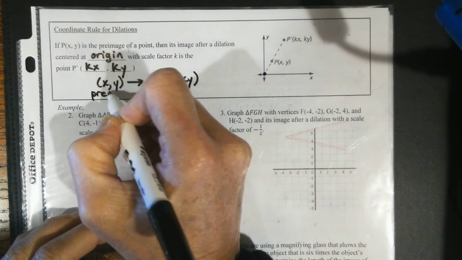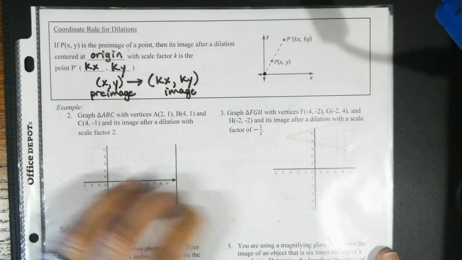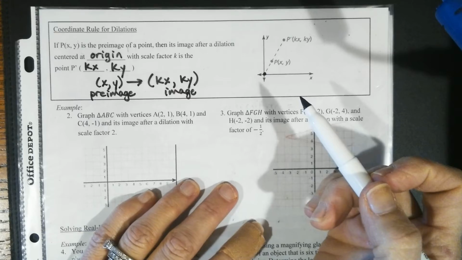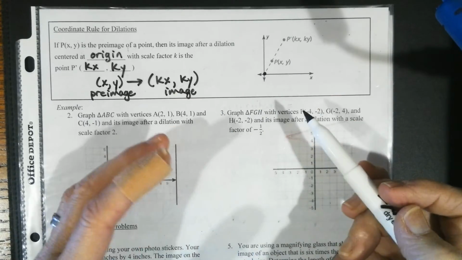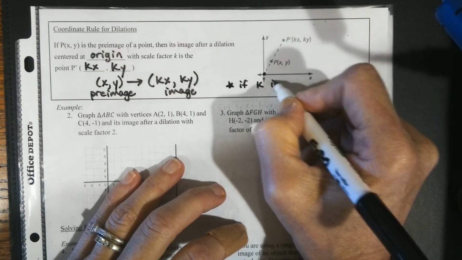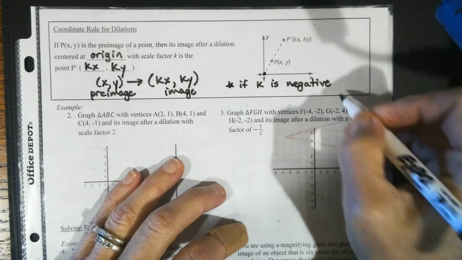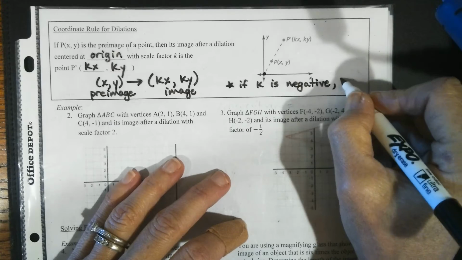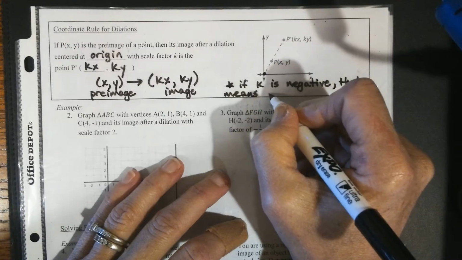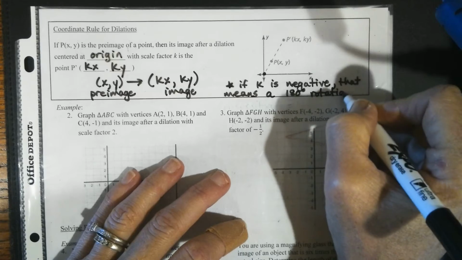So this is the pre-image, and this is the image. Okay? Now, there is one more thing that's in the book that's not in this explanation, and that is that if k is negative, because we only talked about positive, if k is negative, that means a 180 degree rotation.